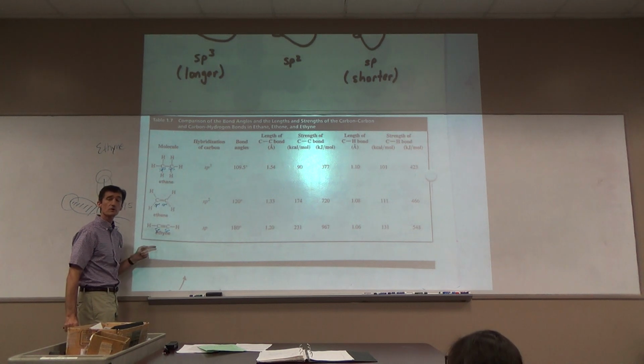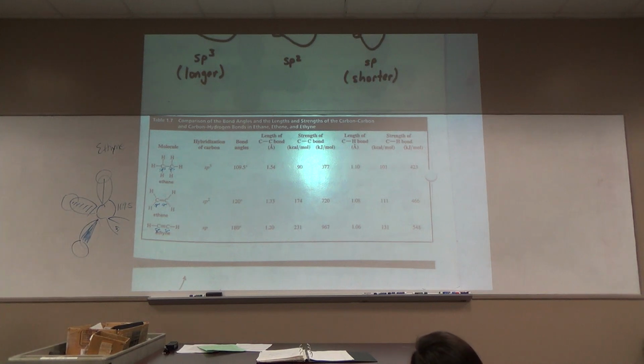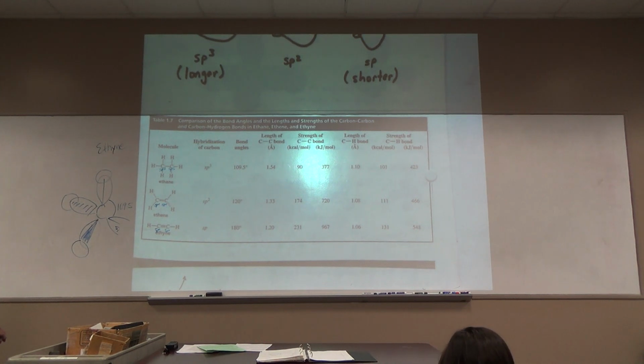Which one's going to make a stronger sigma bond? 50%, sp, yes. Why? Because it's a bigger ratio, more s. Why does more s make it shorter? Usually a shorter bond is a stronger bond.